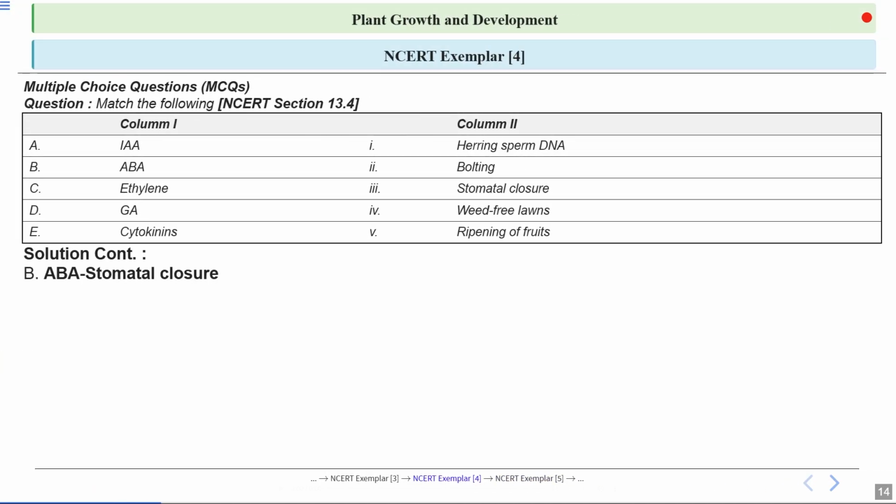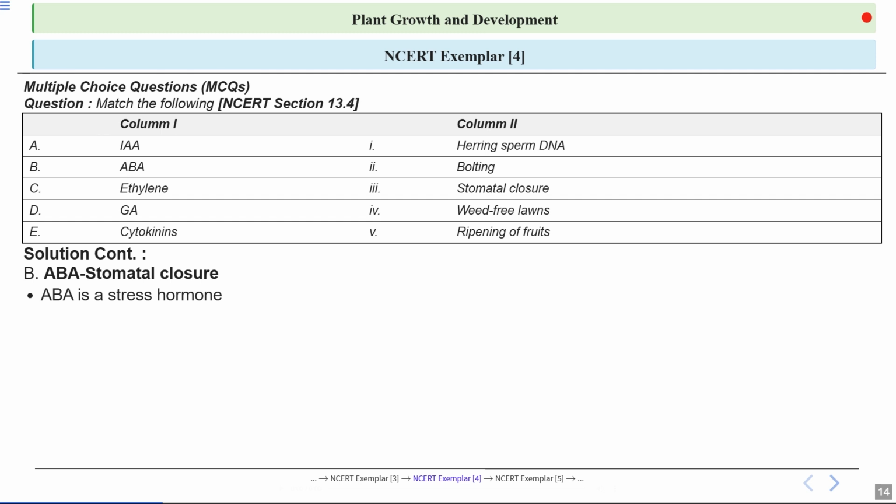Now, next is the matching: ABA, abscisic acid, stomatal closure. This is a critical function for plants managing water stress, closing of stomata. So, abscisic acid is a stress hormone. This means when the plant is in any type of stress condition, this particular hormone comes out.